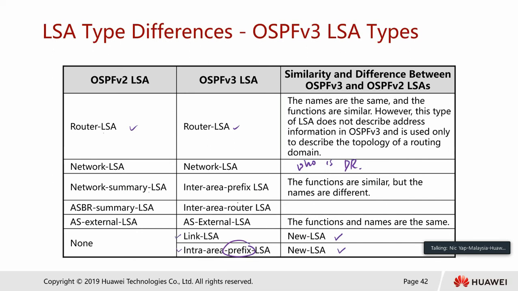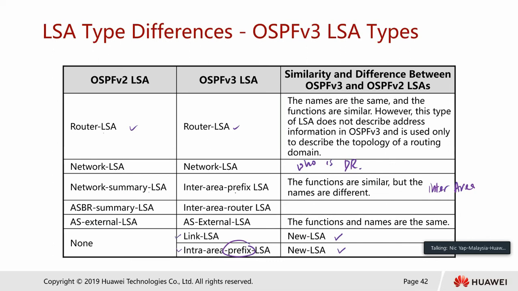That is type 3, on the inter areas. It's the same function that we showed on the network summary LSA. So that is on the inter areas.